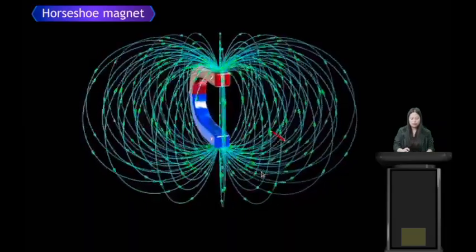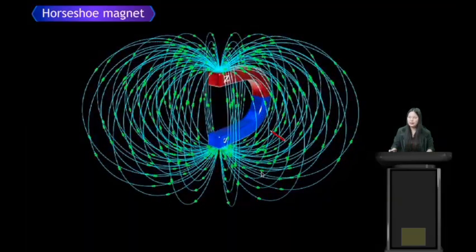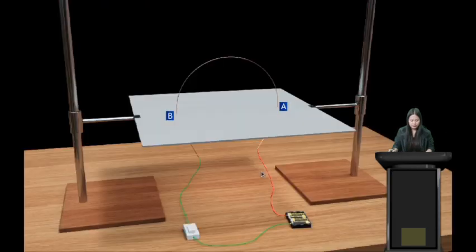So this is what the magnetic field lines look like in a U-shape magnet, also known as a horseshoe magnet. Alright students, the magnet can be of different shapes, but the direction of magnetic field lines will always be from north pole to south pole.